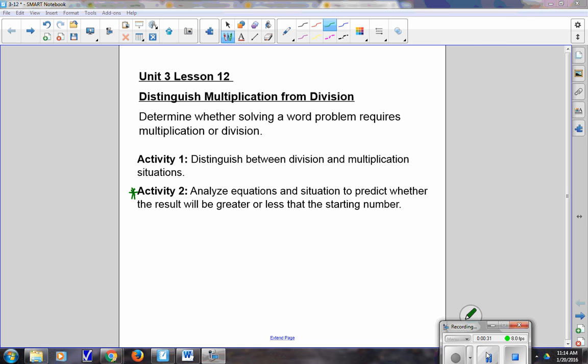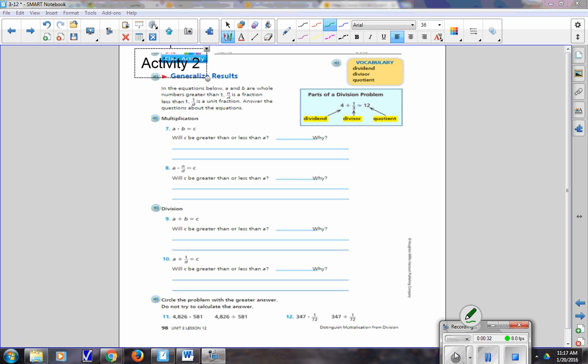Okay? If you have page 98 and 99 from your class book, this will help you today, because I took this straight from our textbook because I thought it gave us a good structure. In the equations below, A and B are whole numbers greater than 1. So it's 2, 3, 4, and up, okay?